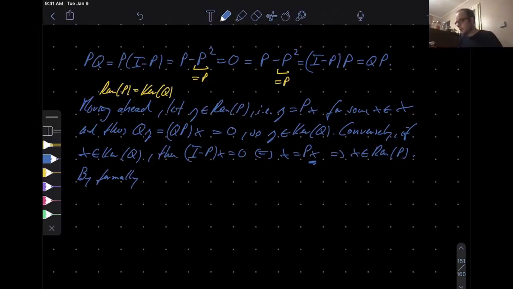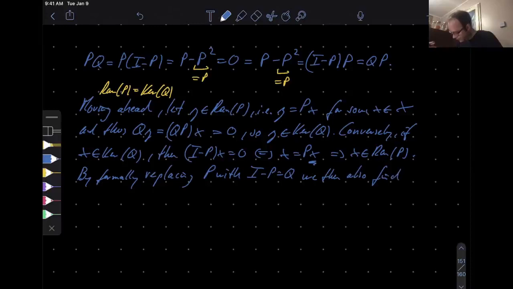So by formally replacing P with 1 minus P, which is equal to Q, we then also find, good question, so P is replaced by 1 minus P, so that you have the range of Q, and then you have here the kernel of 1 minus, and now P is replaced by 1 minus P. Okay, so this is then the kernel of P. Right, so the range of Q is equal to the kernel of P, which is the second one.